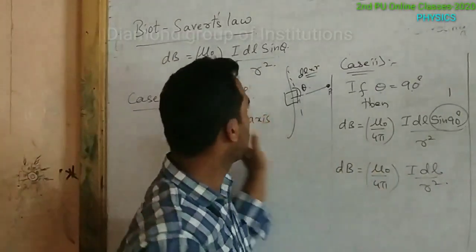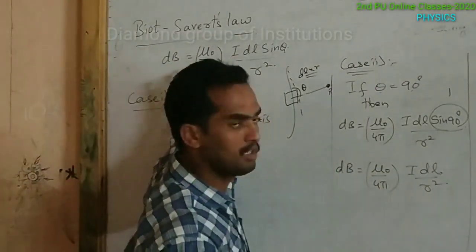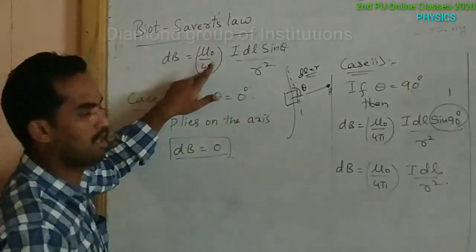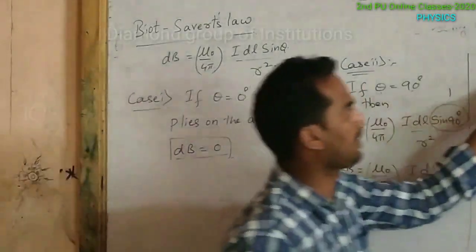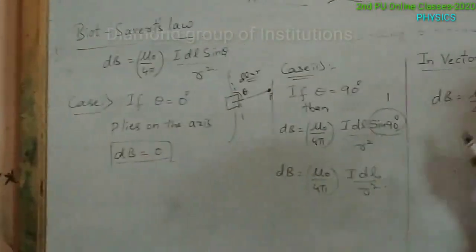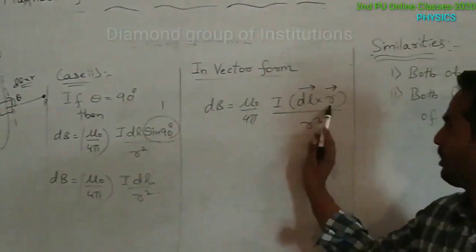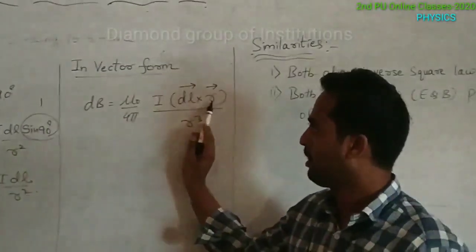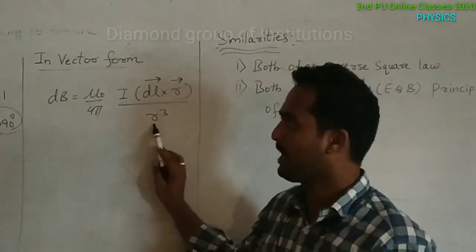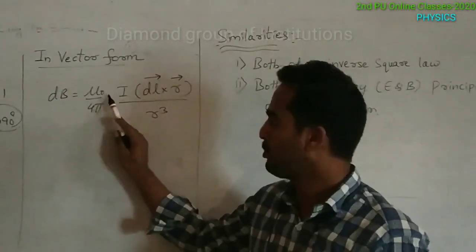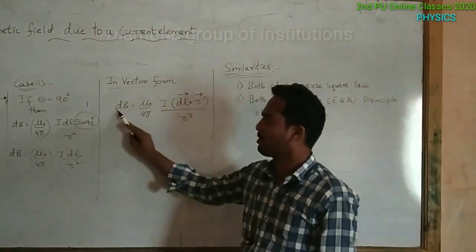So this mathematical expression, Biot-Savart's law, we can express in vector form like this. See here, it is a position vector, dl cross r into I divided by r cube into mu naught by 4 pi, which is equal to dB.